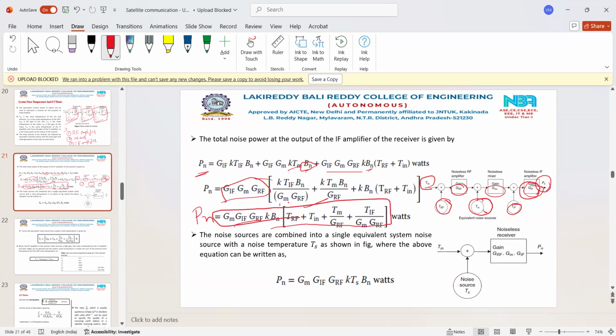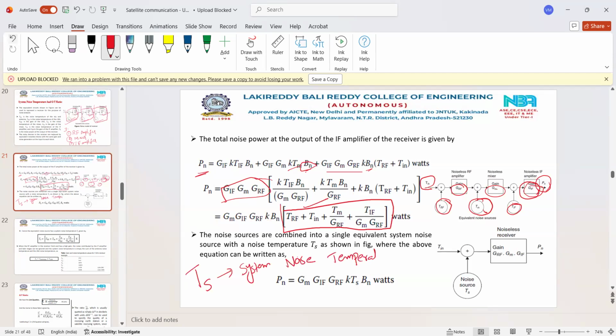The term in the bracket, that is TRF plus Tin plus Tm by GRF plus TIF by GM into GRF, is called the system noise temperature, TS.